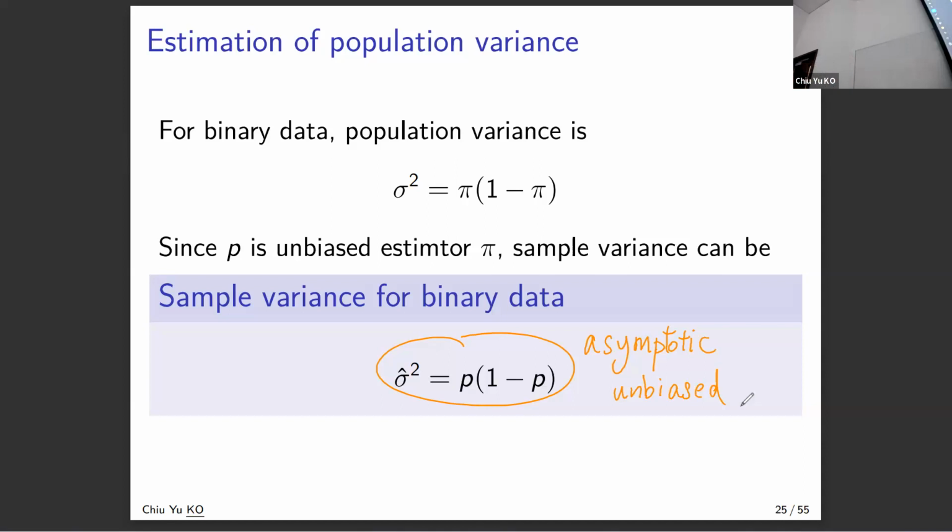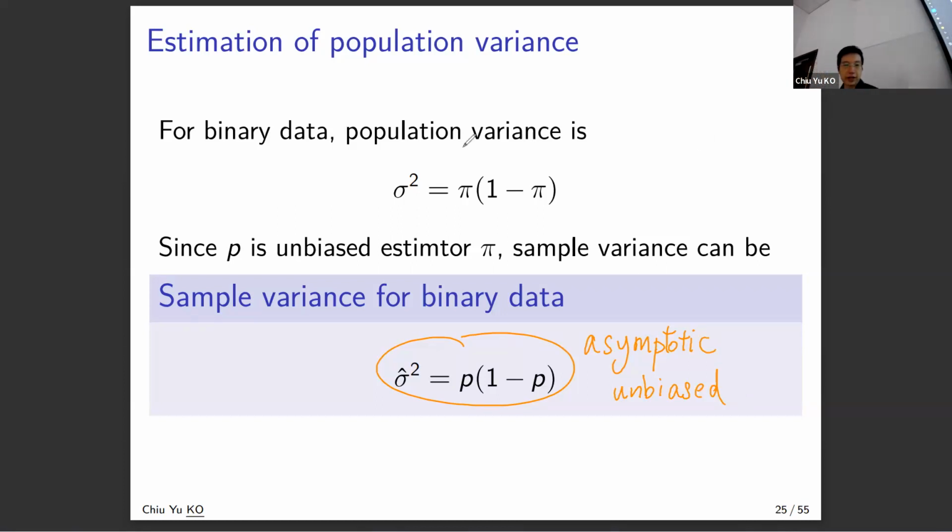So when n is large, and we always use very large samples anyway, the bias is not a big deal. But I don't want to talk about that. If you go to stat, you would learn it at the elementary level, but we are not a stat class, so I just leave it there.